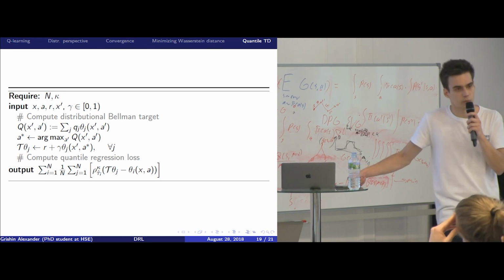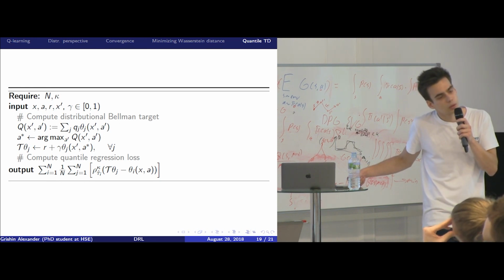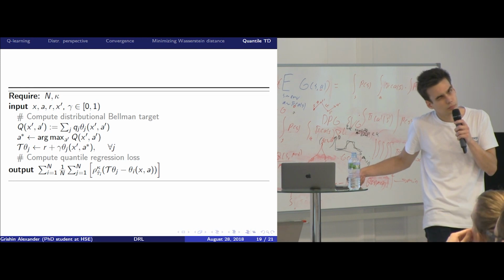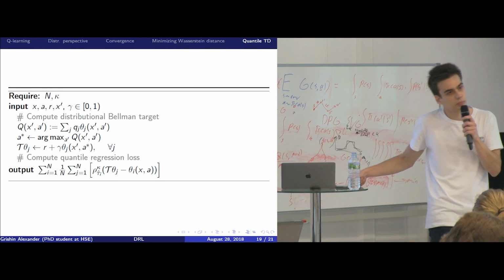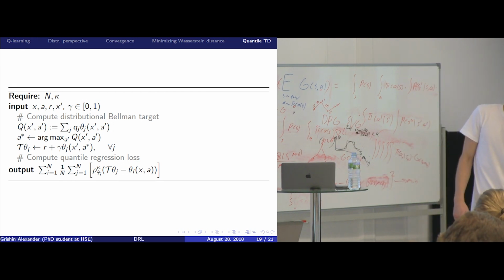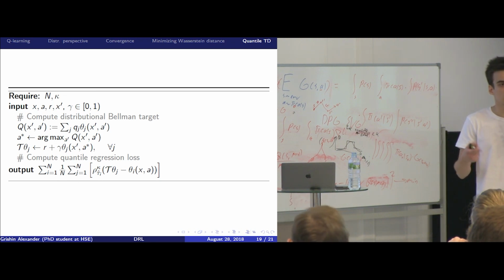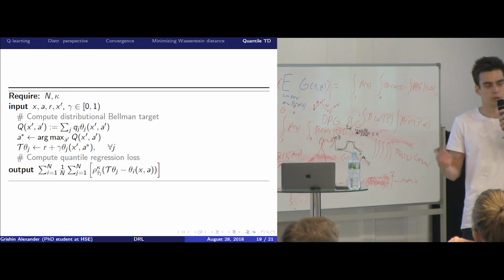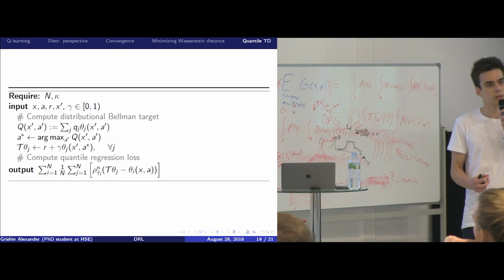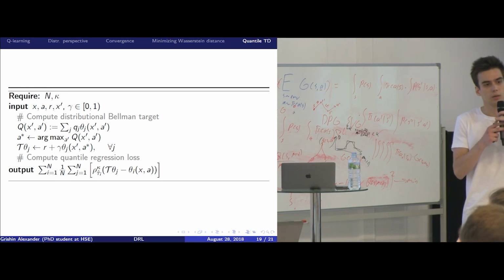Can you please repeat the question? I mean, when we are looking for percentiles, we're looking for percentiles for this specific function, sum of Dirac functions. We have an estimate of quantiles of value distribution, theta. Yes.